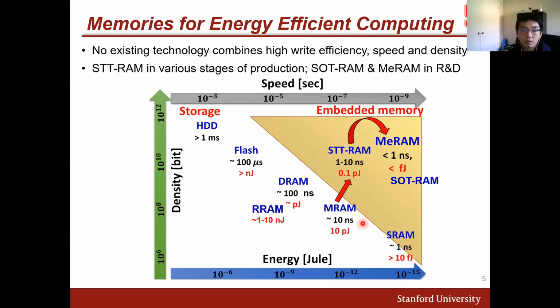And then if we look at this whole space, then we can see here actually in this corner, we have both very high speed, very low energy, and very high density. And actually what I just mentioned, the high density on-chip memory, that's what we want, right? We want the good performance of SRAM, but very high density.